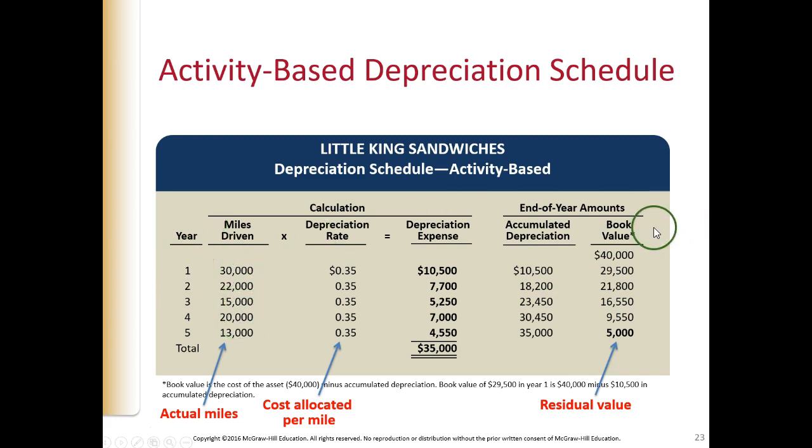These are not book value. These are miles over here. So second year, 22,000 times the same rate of 35 cents, 7,700. Third year, only drive 15,000, only 5,250 expense. We go back up in usage a little bit in year 4, 20,000 times 0.35 and $7,000.